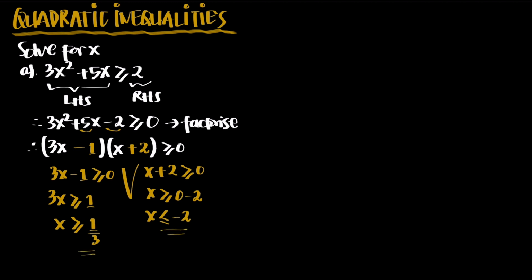Now, to complete the answer for quadratic inequalities, we have to prove whether our answer is correct or not. So we solve by using the next step, which is the sign diagram or sign chart of the left hand side.